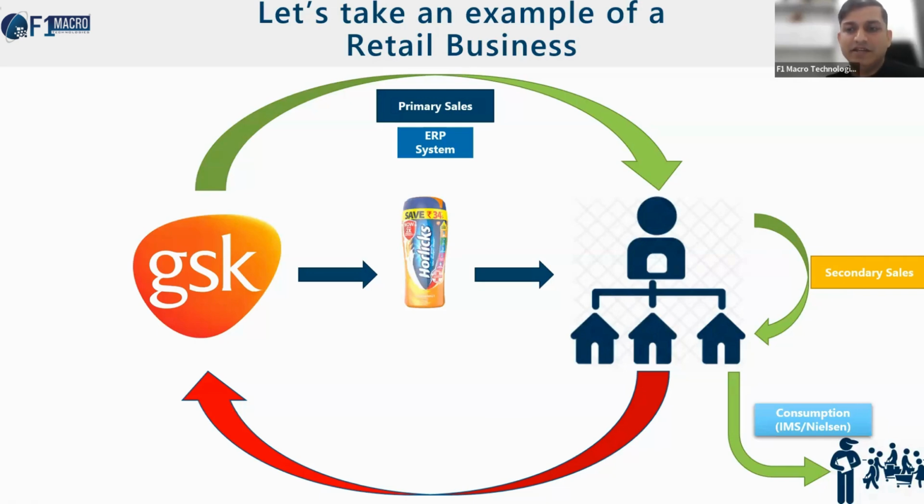That can be the KPI. My question can be why we are not targeting those 200 stores, and when we are going to target them. My answer may be that we don't have reach to those 200 stores, or that we have a plan to target them in future. So this is how the retail business works.